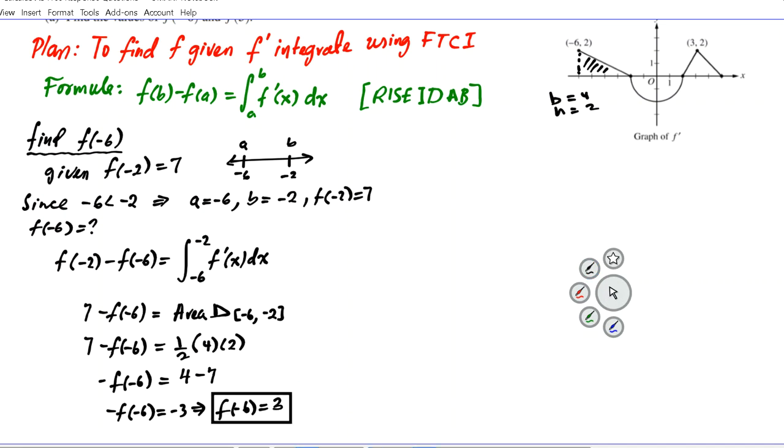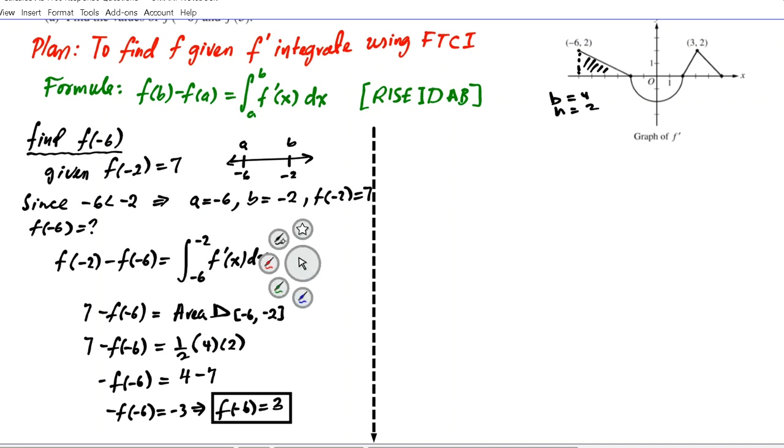All right, so we're going to find the next part, which is f of 5. We're going to follow exactly the same procedure, okay? There's nothing different there. So now we want to find f of 5. We're still given this fact that f of negative 2 is equal to 7.